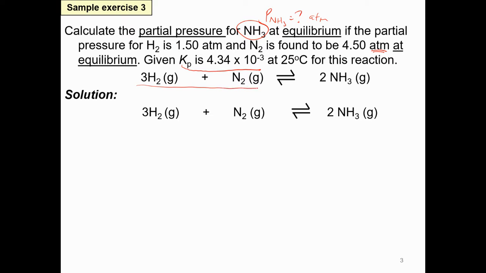Now, the reversible reaction, check. Is it balanced? Yes, then we continue. Now, write down what the information given. So at equilibrium, unit atm, we have 1.5 atm for hydrogen, 4.5 atm for nitrogen, and then we are asked to find ammonia pressure, partial pressure for ammonia.